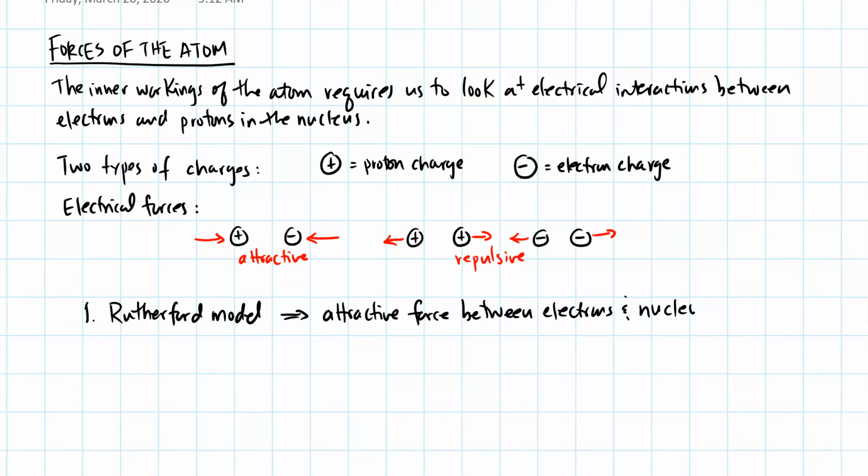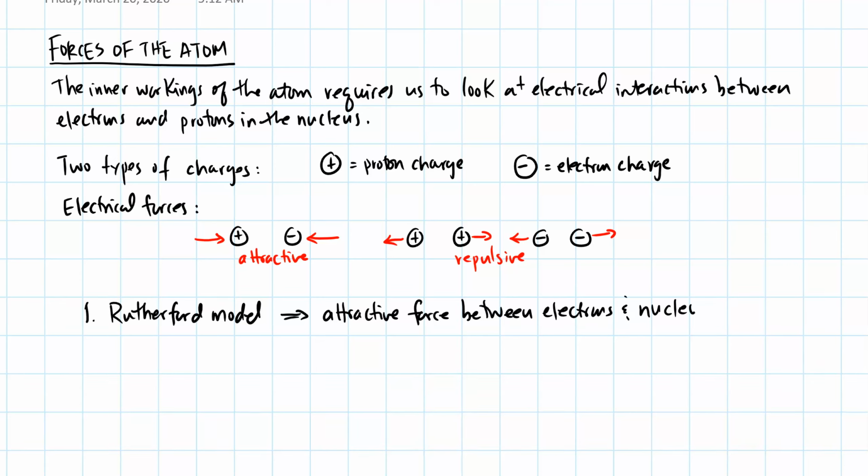And the second thing we want to talk about is that atoms are not empty. And ultimately what that's going to tell us about is the repulsive electrical force of the nucleus.